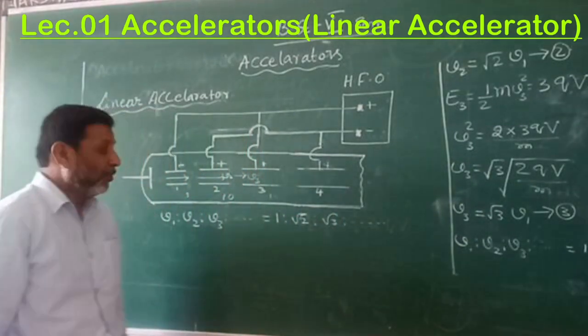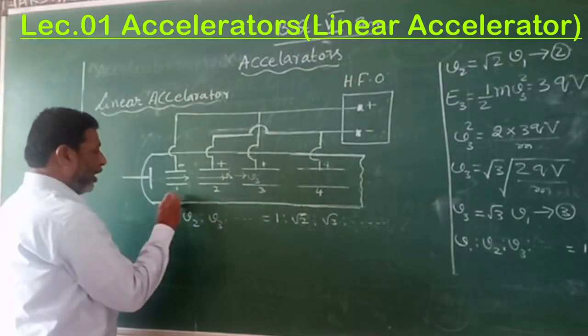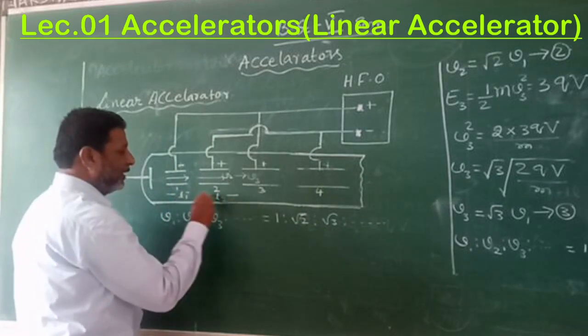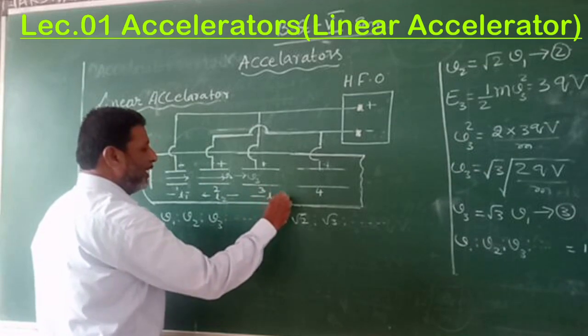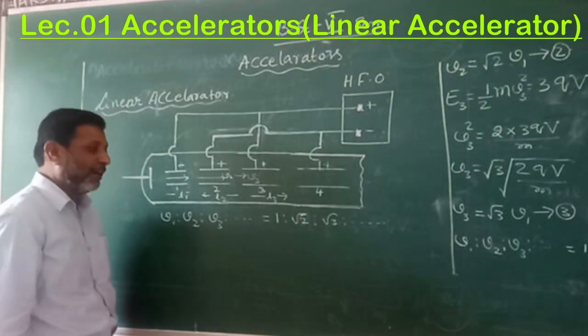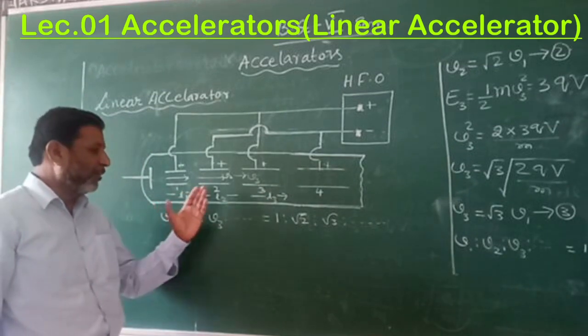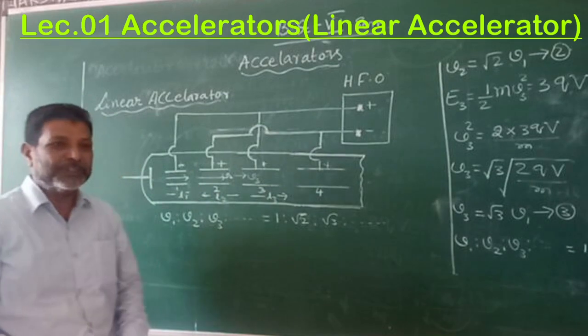Now, consider the first tube of length L1, second tube of length L2, third tube of length L3 and L4, etc. What should be the length of L1, L2, L3, L4? You have to calculate it.